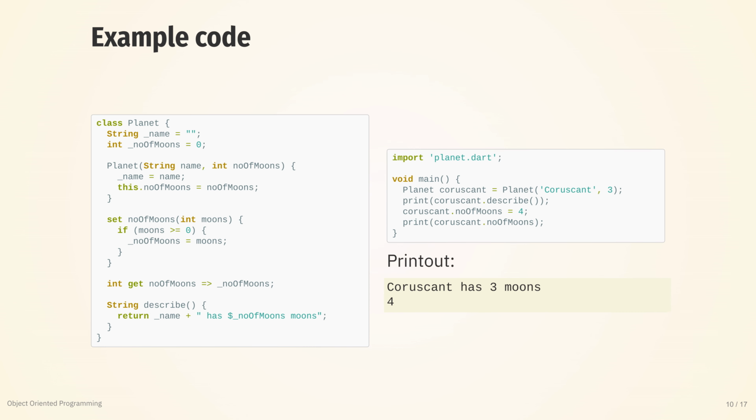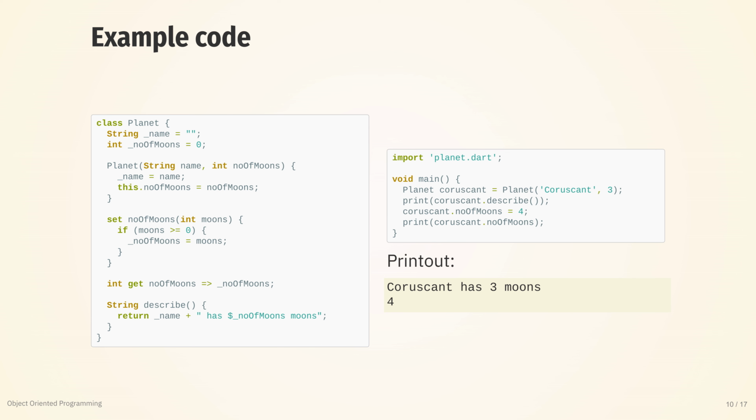So when we look at the example, and we can look at the code to the right first, we first create the Coruscant planet with 3 moons, and then we set the number of moons to 4 via coruscant.numberOfMoons assigned 4. It's not directly accessing the attribute. It is, however, going through the set method.